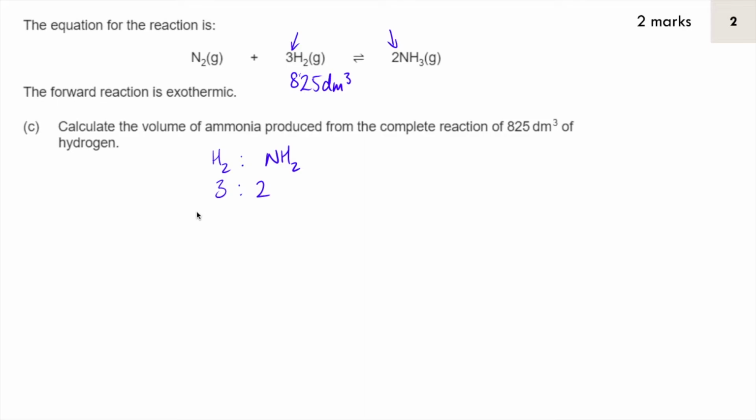Now the volume of hydrogen that we have is 825. So to get from 3 to 2, you have to divide by 3 and times by 2. So that's what I'm going to do, the same to this volume here. I'm going to take 825, divide by 3 and times by 2. And that comes out as 550 decimeters cubed of ammonia.